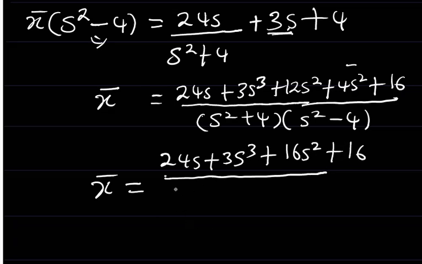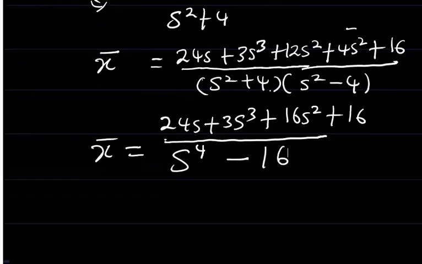Then the difference of two squares. Applying the difference of two squares, that is going to be s² all raised to the power of 2, which is s to the power of 4, then minus 4 squared, 4 squared is 16. So do I really need to apply the difference of two squares?